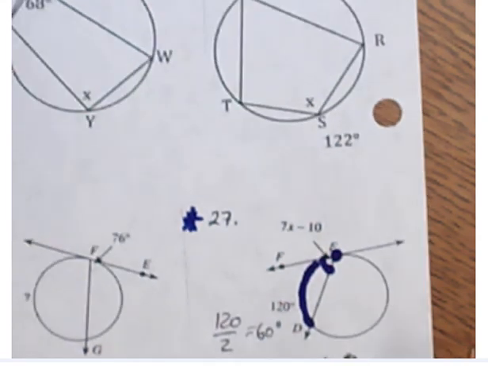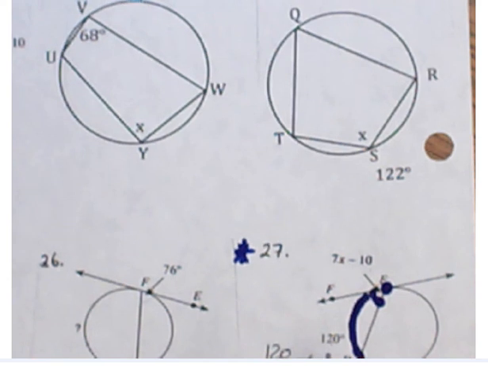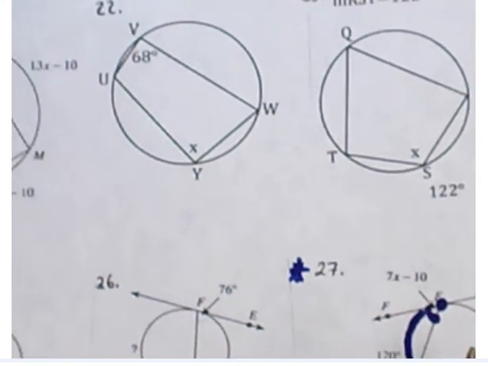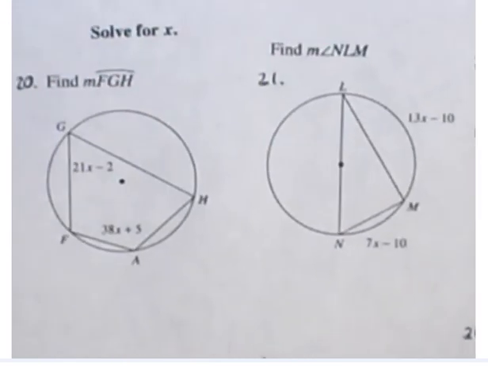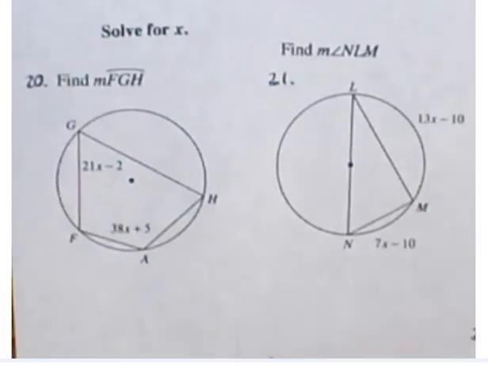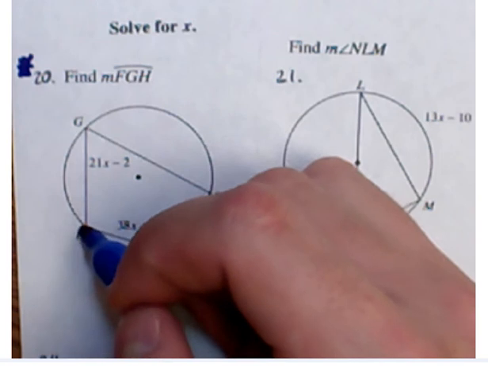Okay, we'll do one more example here. Let's do number 20. Okay, let me move over here to number 20. Find the measure of arc FGH. Let me trace that.